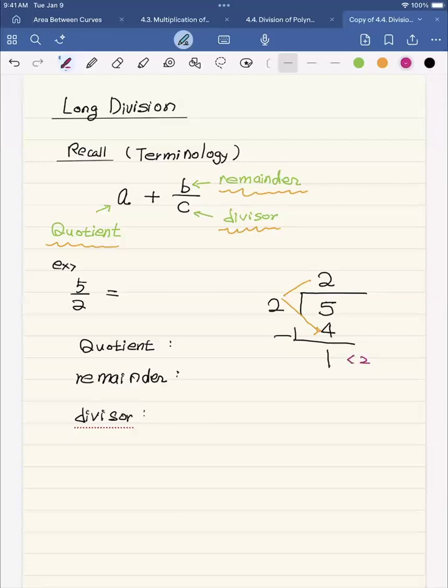Here, based on the terminology, this one is divisor, and this one is quotient, and this one is remainder. This one must be less than the divisor.